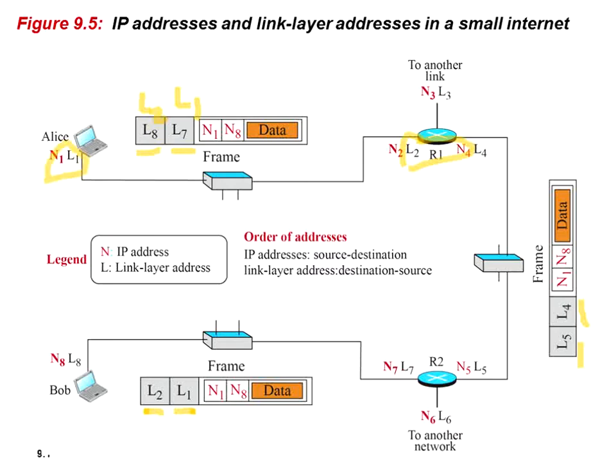Like in this case, here we have L4, link layer address 4, so we have used L4 over here, and here we have L5, so we have L5. Likewise, there's a small correction here. It should be L7 instead of L1, and it should be L8 instead of L2. Is it clear?